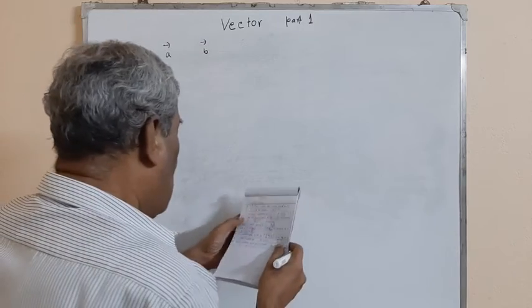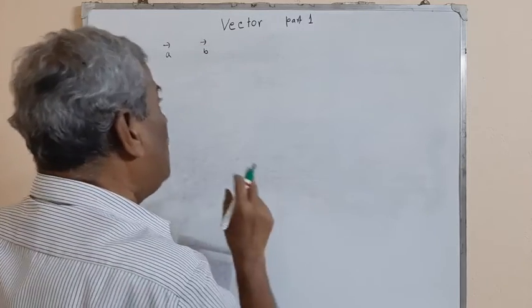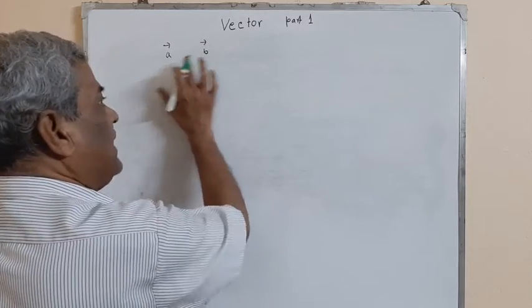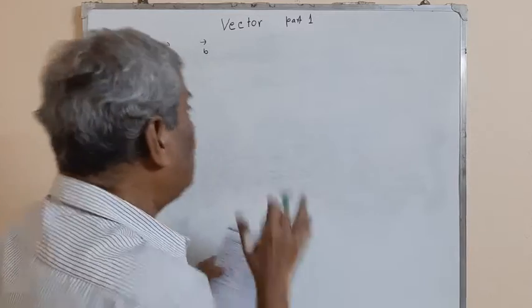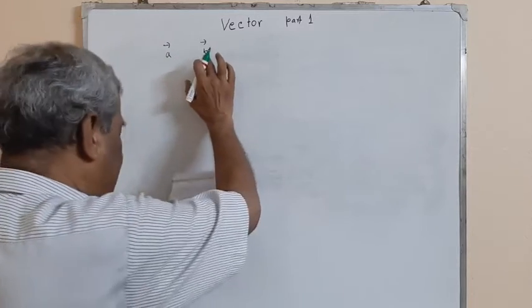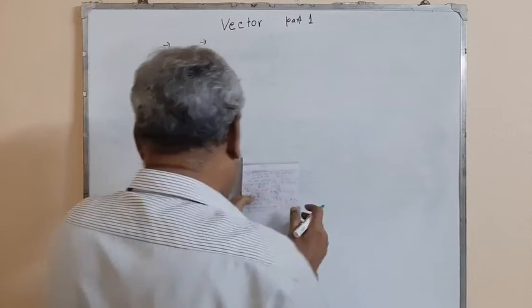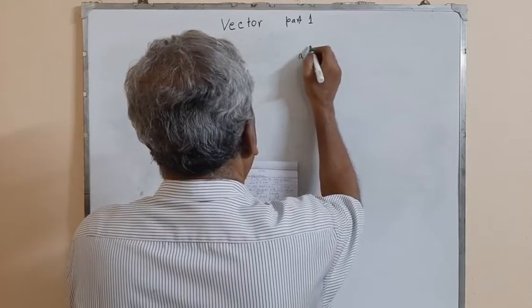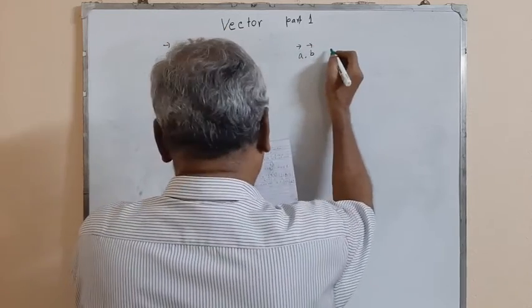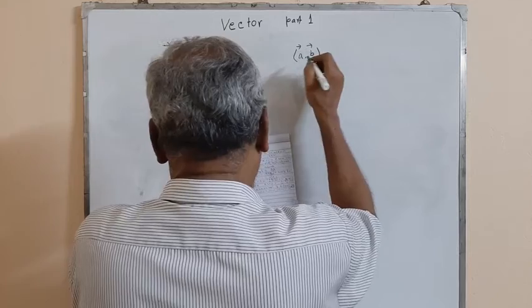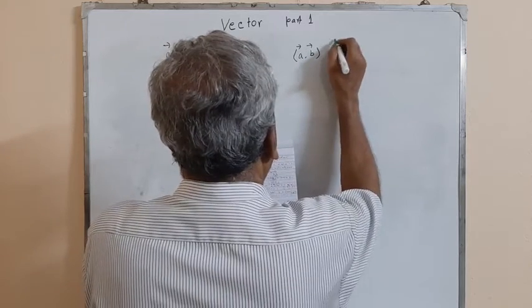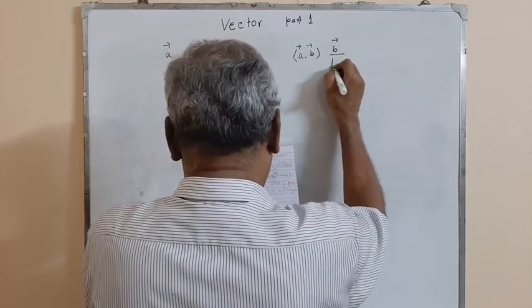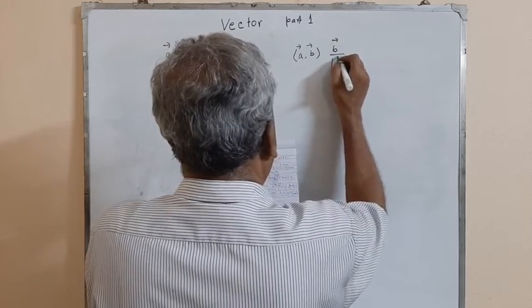Then the component of A along B is A dot B into B by magnitude B, the unit vector.